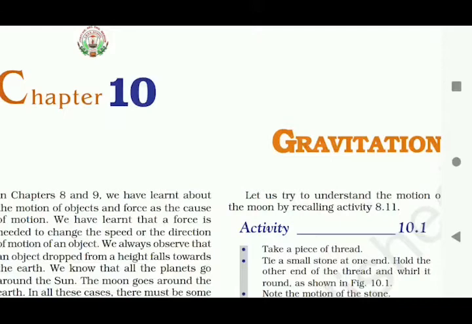It is because the radius of the earth is not the same in all places. At the poles it is minimum and at the equator it is maximum. So the value of g is maximum at the poles and minimum at the equator.